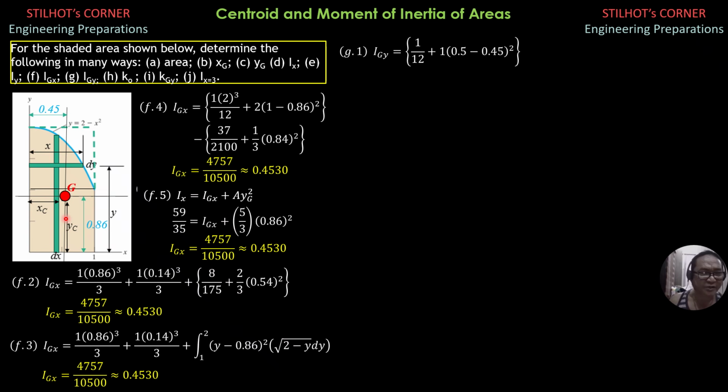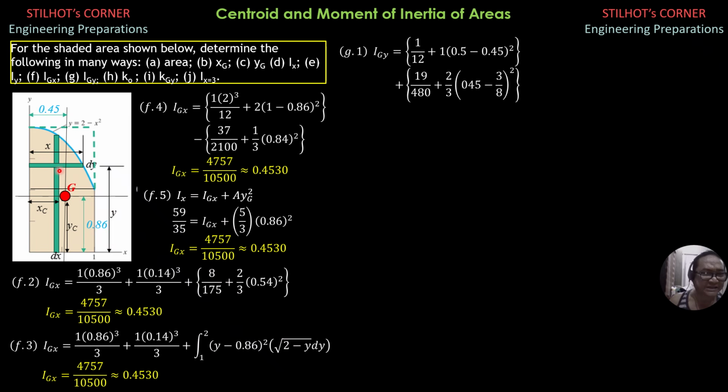And since the centroid of the square from the y-axis is 0.5, half of 1, and the centroid of the entire region from the y-axis is 0.45, the distance between them is 0.5 minus 0.45, then quantity squared, because that's the formula. For the parabola, IGY of the parabola, if you can recall, is 19 over 480, 1 cube, so 19 over 480, plus area of parabola 2/3. That's the area of parabola.